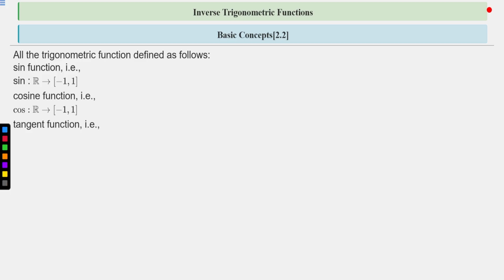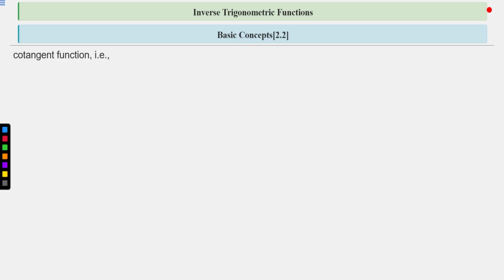Tangent function, that is tan theta, is defined from all real values except x, such that x is equal to (2n plus 1) pi by 2, where n belongs to Z, to all real numbers, right? Clear? Similarly, cotangent function, that is cot theta, belongs to all real values except x, such that x is equal to n pi, where n belongs to Z, to R, right?